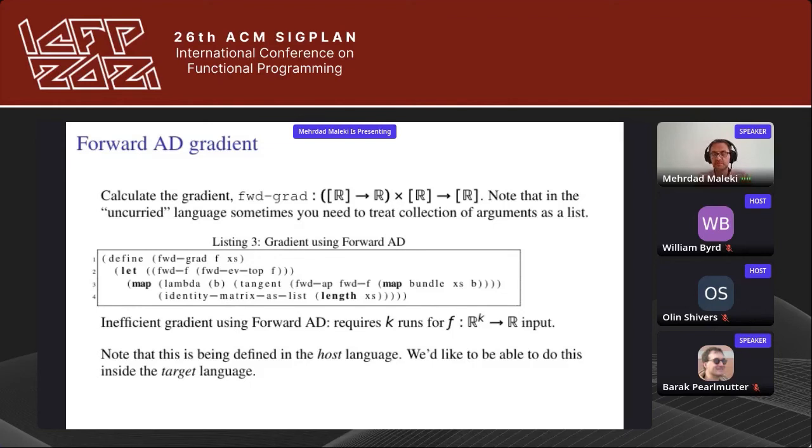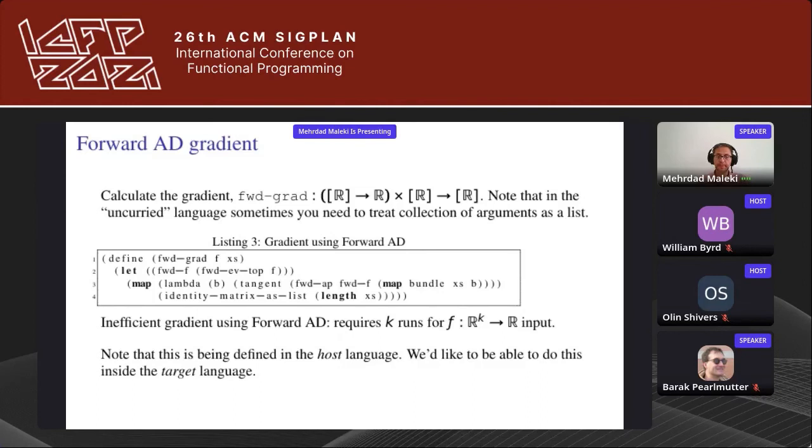This definition defines the forward gradient of function f on argument xs, and you can see that it's an inefficient gradient: using forward AD requires k rounds for a function f from Rk to R. But this definition is in the host language. We would like to be able to do this inside the target language.